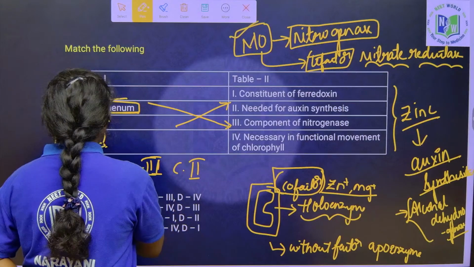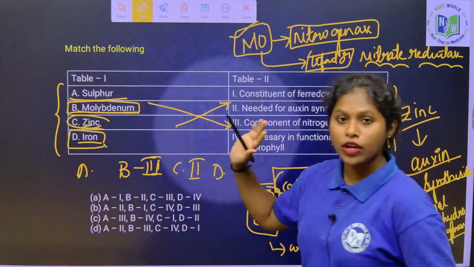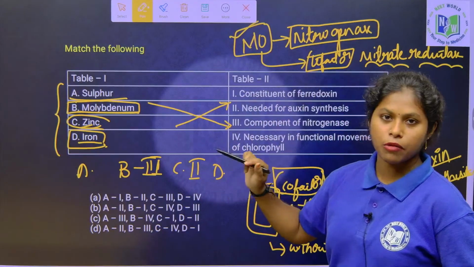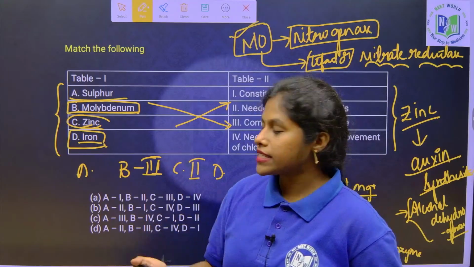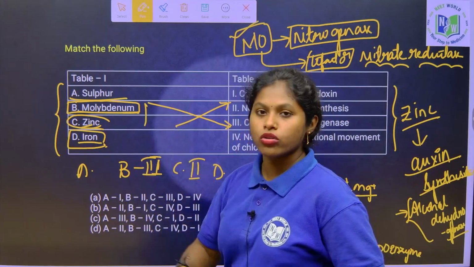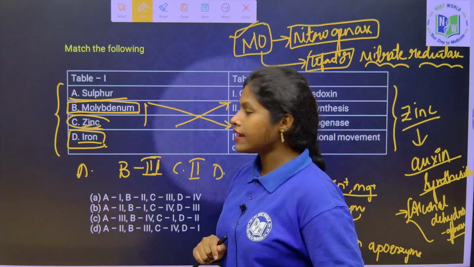Now coming to A and D, you have to remember molybdenum and also zinc, students. These are the most repeating. These are the mineral elements about which questions are most repeatedly asked. That is why I started with molybdenum and zinc.